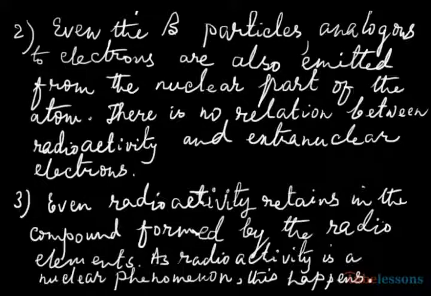And gamma rays are electromagnetic waves with no massive particle, therefore no change of mass takes place in case of gamma ray emission. No change of mass number, no change of atomic number takes place.